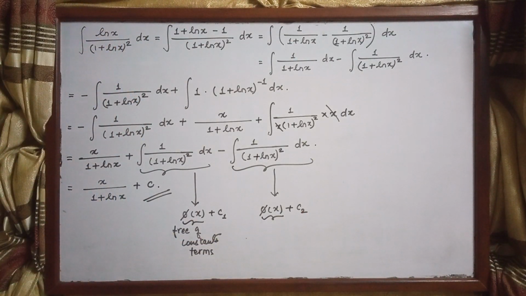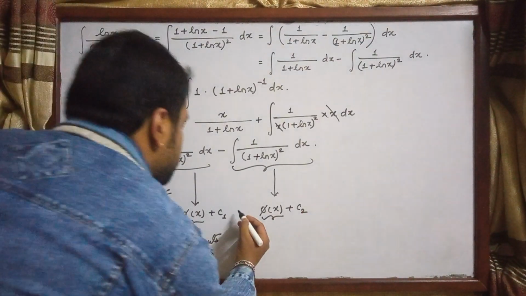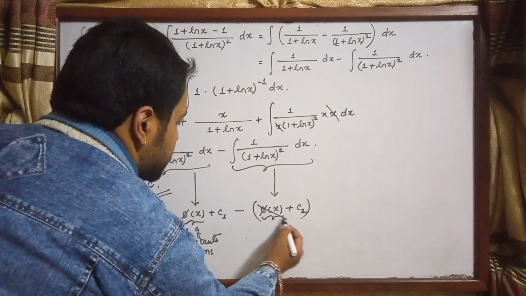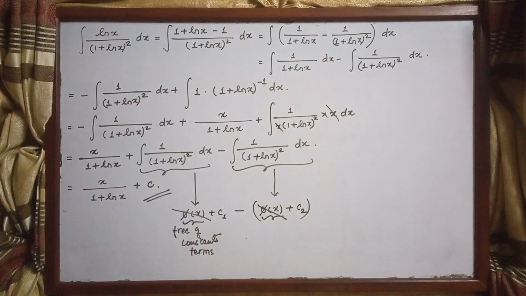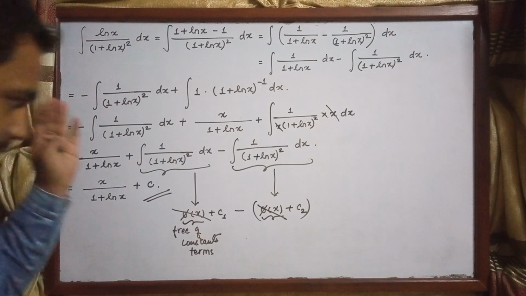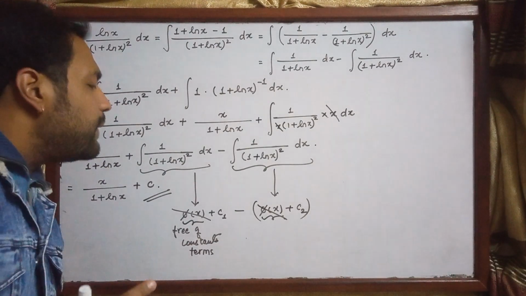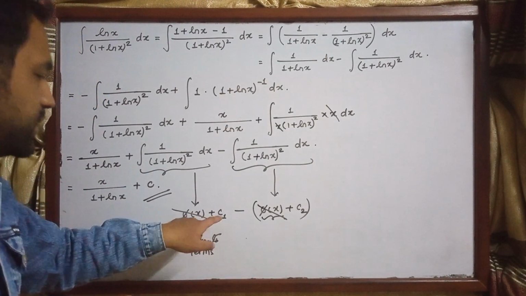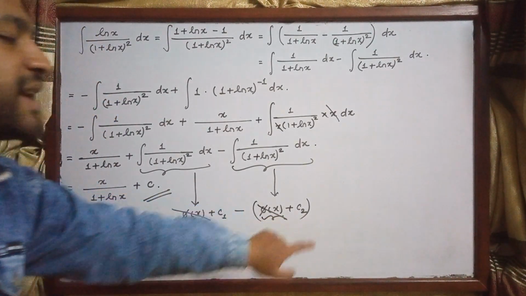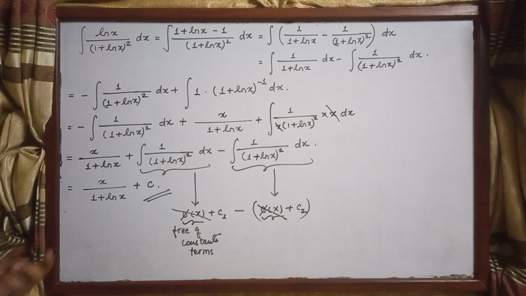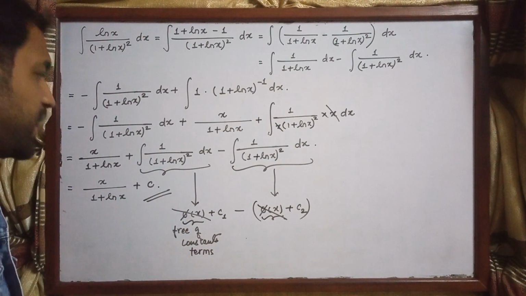The difference between them will result in the cancellation of the part of the function which does not have constant terms, and the result will be c1 minus c2, which is a constant that we denote by c. You can understand it this way as well.